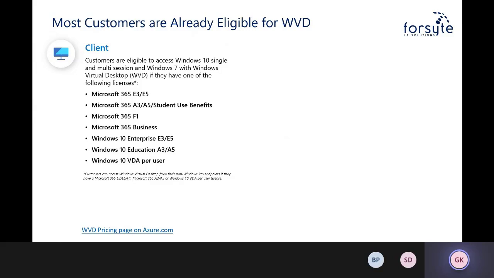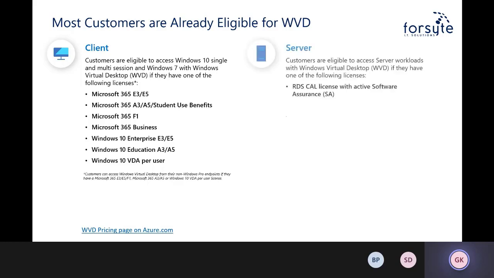This, though, is probably one of the biggest benefits and game changers, I think, when we look at Windows Virtual Desktop. And that is, if you're licensed for A3 or A5 or student use benefits, basically this replaces doing what we had in the past with an RDS CAL. So no remote desktop license is needed outside of this.